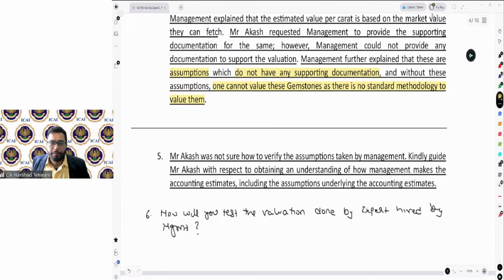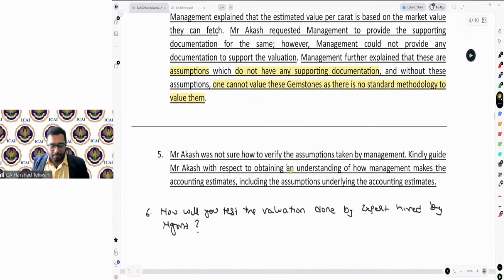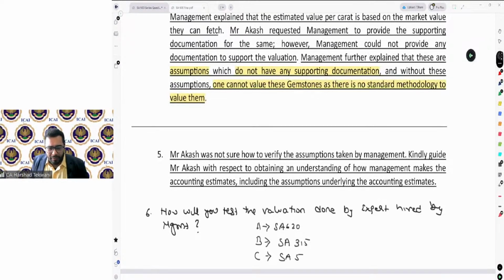Let me give you options. Option A, SA 620. Option B, SA 315. Option C, SA 500. Option D, SA 530.